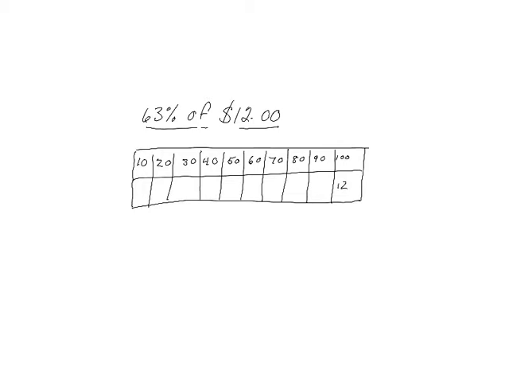Okay, so again we fill in what we can easily work out. Well, we can work out pretty simply that 50% of $12 is going to be half, so half of 12 is going to be 6. All right, and again we can work out 10%. It's just going to be 12 divided by 10, which would leave us with $1.20.